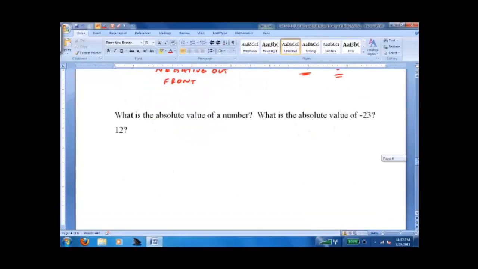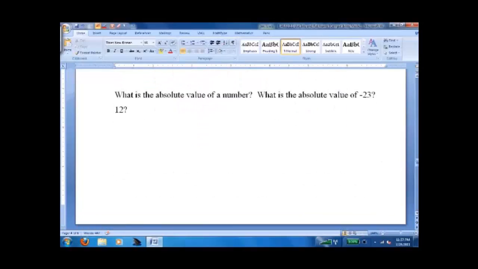And last but not least, what is the absolute value of a number? Well, first off, the symbol is two vertical lines. And secondly, we define it as the positive distance from 0, so it's always going to be a positive number.